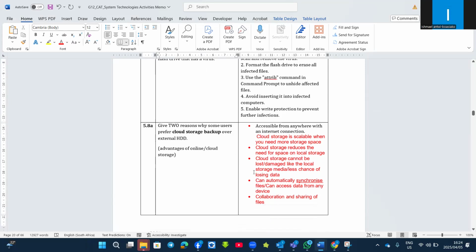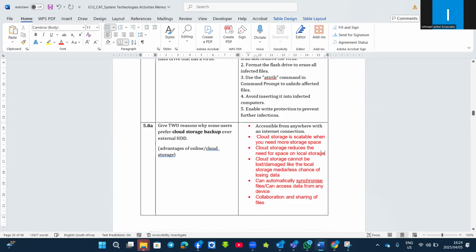What are some of the advantages? When you save files on the internet, you can access the files anywhere, provided you have an internet connection. And cloud storage is also scalable when you need more storage space. In other words, if they give you 15 gig and you want about 100 gig, you can increase it and pay a little amount. Cloud storage reduces the need for space on local storage.